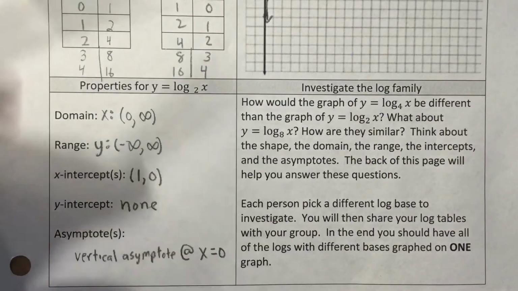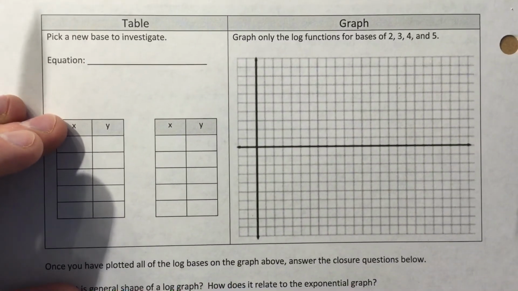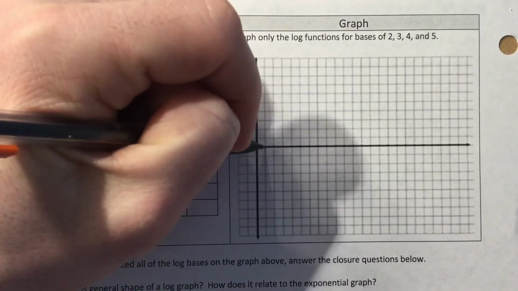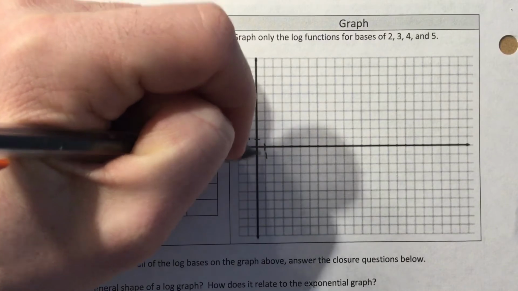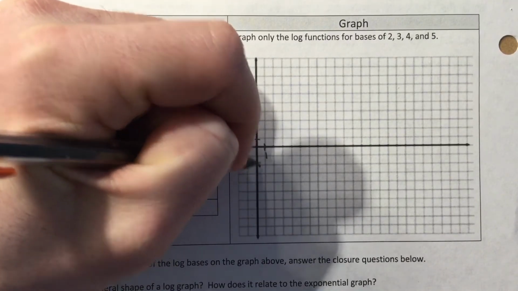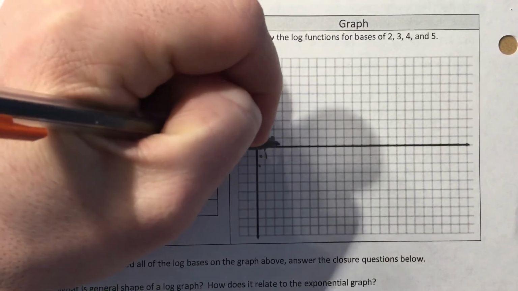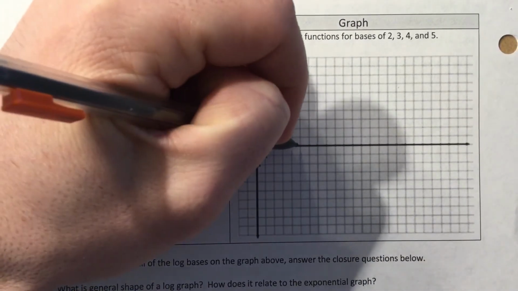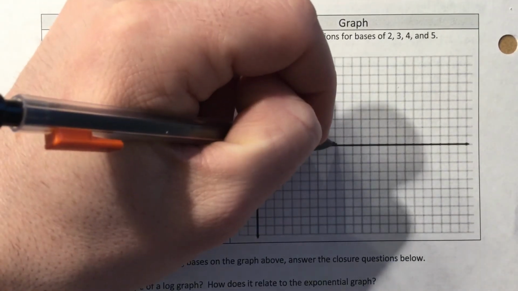All right. And so on the back here, you can already graph y equals log base 2. So everyone has that. Log base 2 was, I'm going by ones, 1/4, -2; 1/2, -1; 1, 0; 2, 1; 4, 2; 8, 3; and then 16, 4.